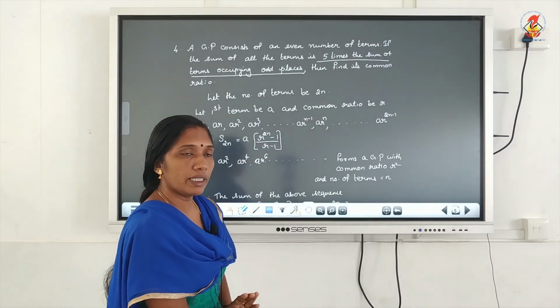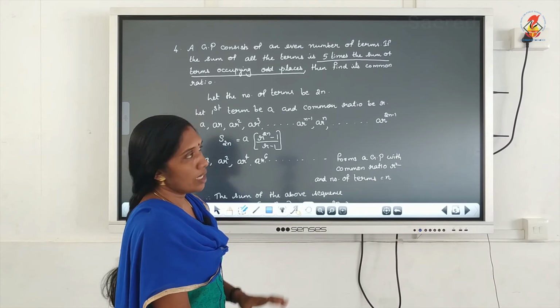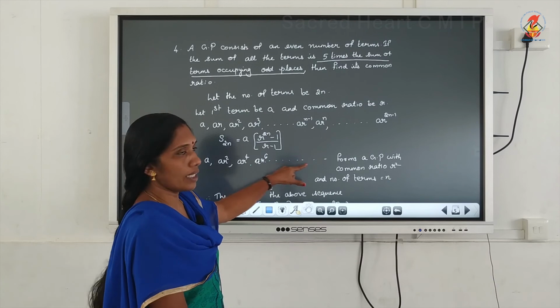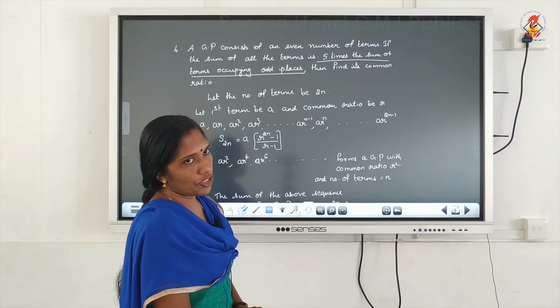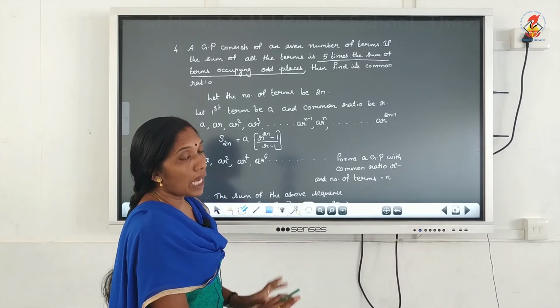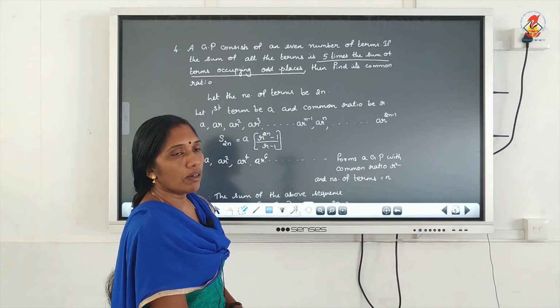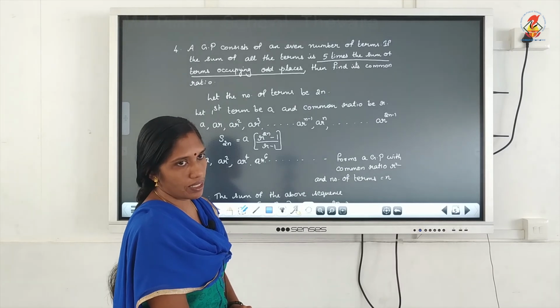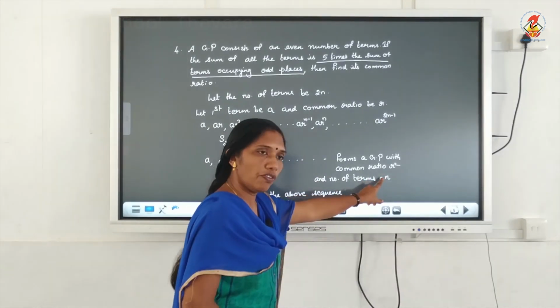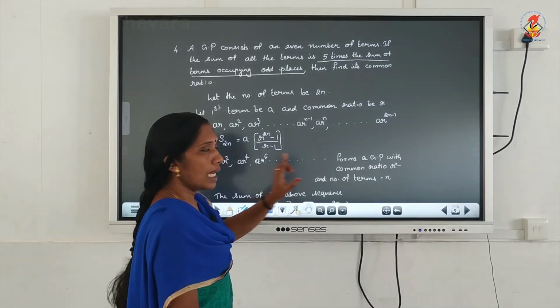Now we have to write the terms in odd places. So ar square, ar raised to 4, like that. That is also a GP with the common ratio r square. First term is a, and for the number of terms, we are considering only odd places, so it is half of the total number, that is n terms.